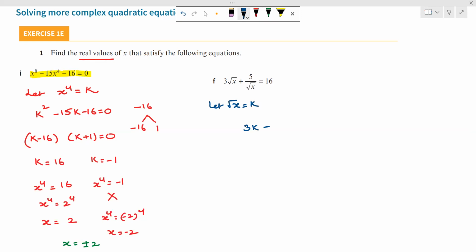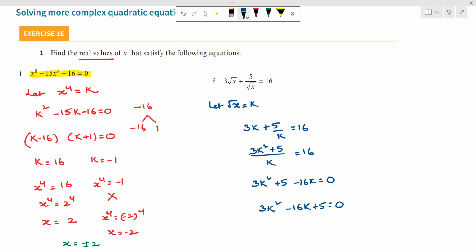So 3k plus 5 by k, which is equal to 16. Take LCM k: 3k square plus 5 is equal to 16k. So 3k square plus 5 minus 16k is equal to 0. Write down in proper order: 3k square minus 16k plus 5.